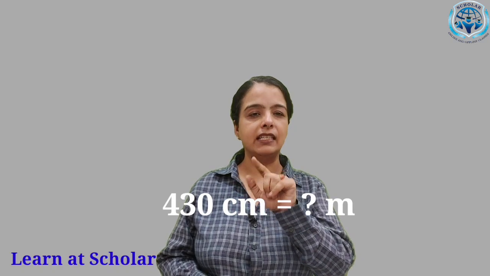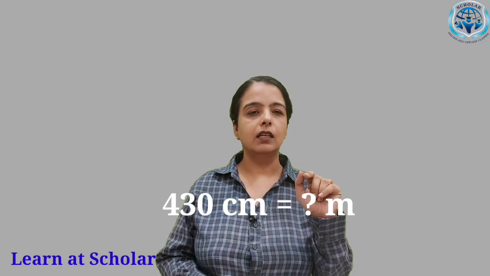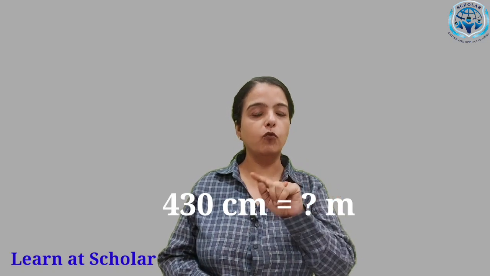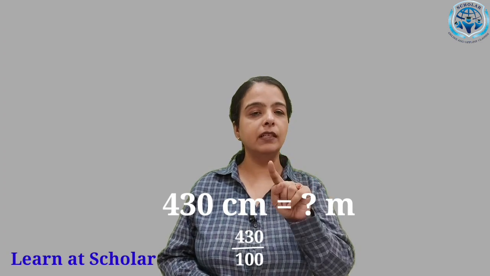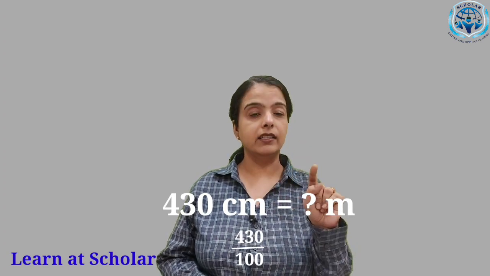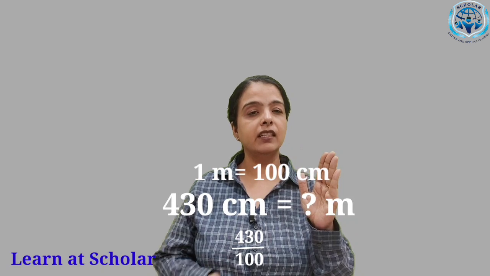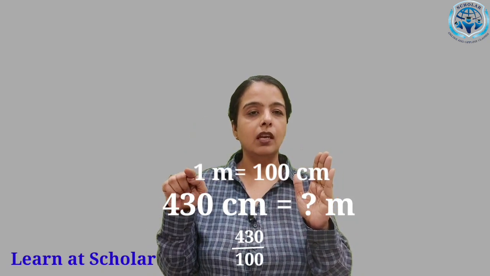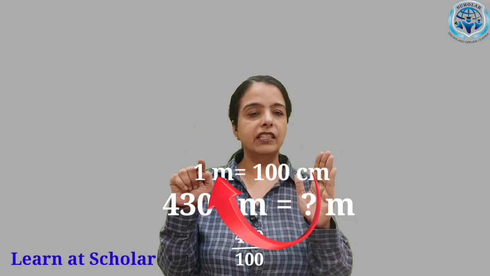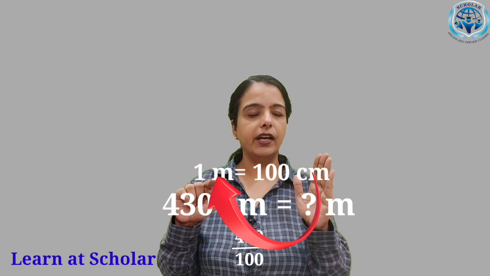Like if we have to convert centimeter into meter, like we are converting 430 centimeter into meter, then we will divide 430 by 100, because 1 meter is equal to 100 centimeter and we are converting this smaller unit into a larger unit. So we will divide 430 by 100.